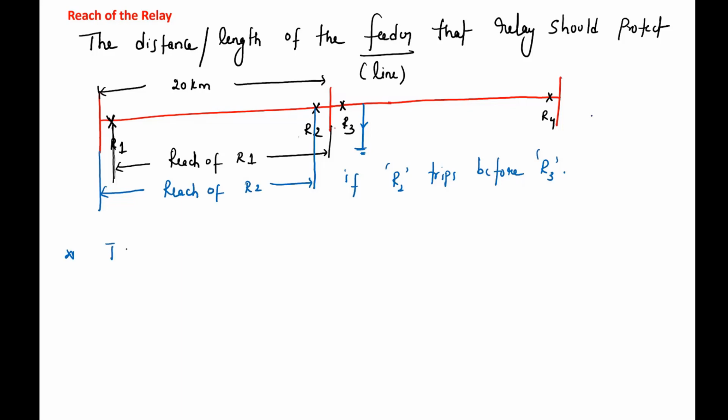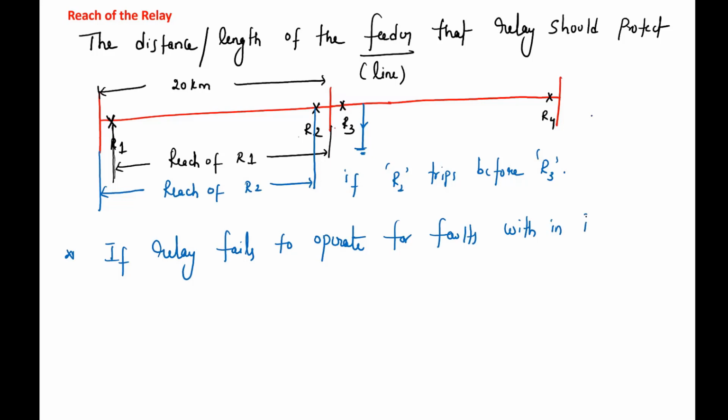So the point is, if a relay fails to operate for faults within its zone or reach, then it has an underreach problem. That is the first point. What is the second point?